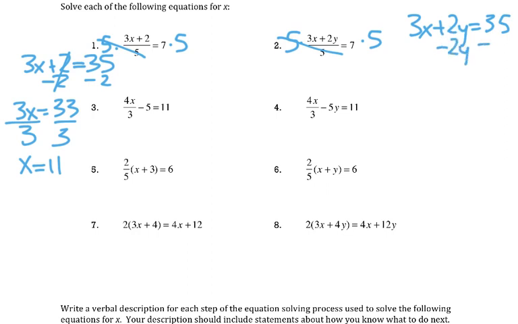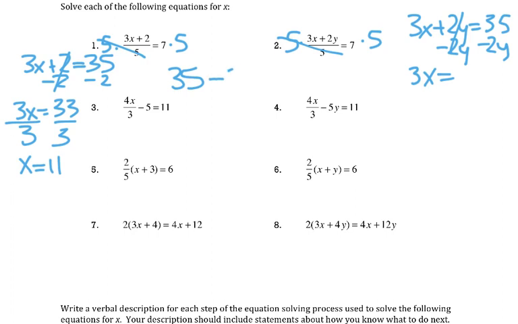Because of the properties of equality, we can do anything as long as we do it to both sides. We subtract 2y from both sides, giving us 3x equals, now, 35 and negative 2y aren't the same thing. 35 is a constant. I can only combine it with other constants.